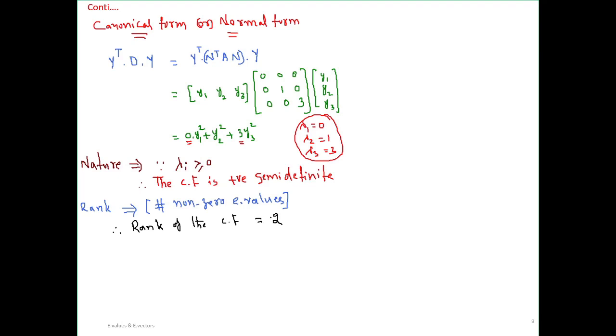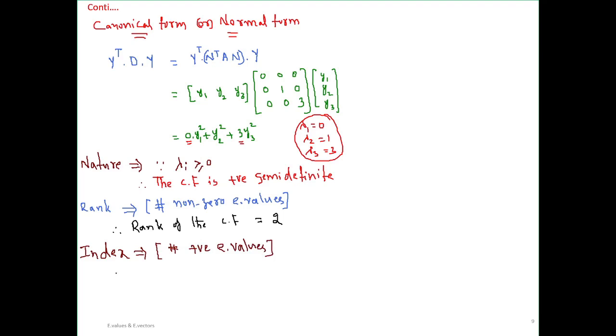Next, index also we are supposed to find. So the index of the canonical form. According to definition, what is index? The number of positive eigenvalues.